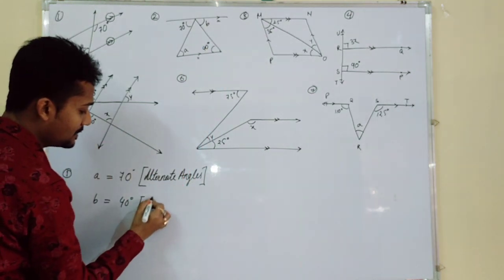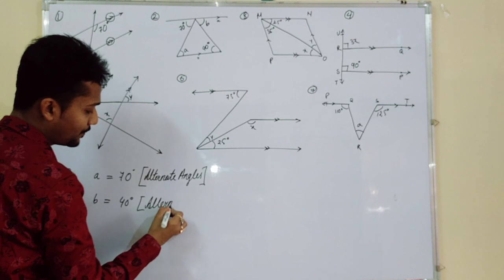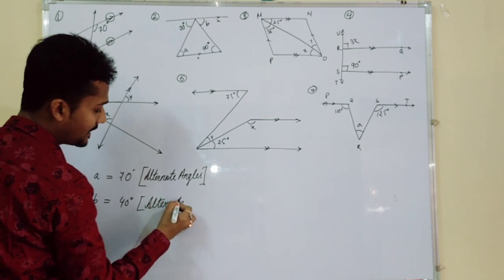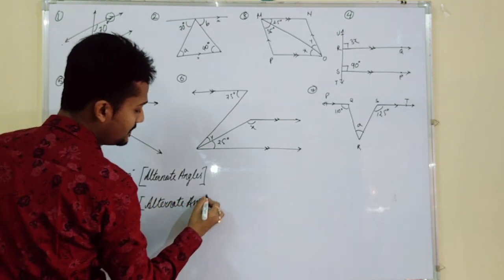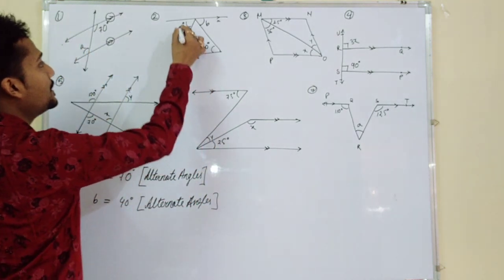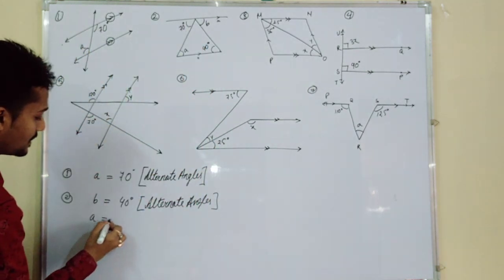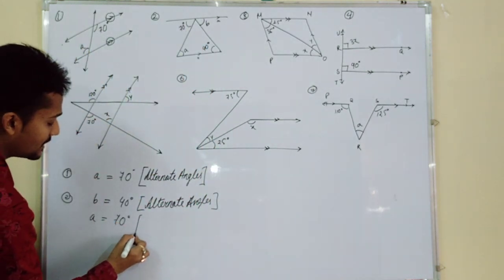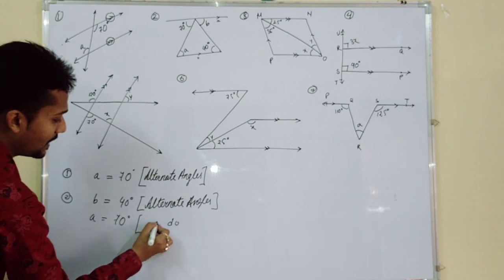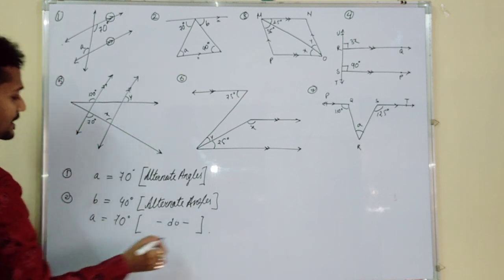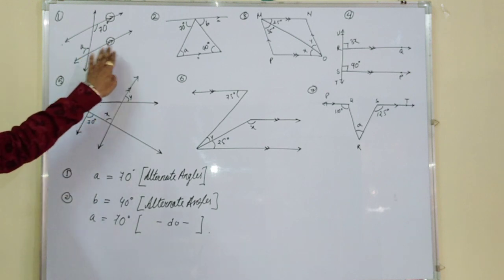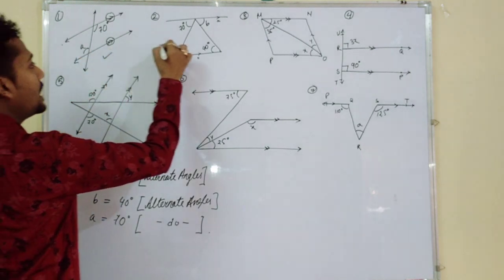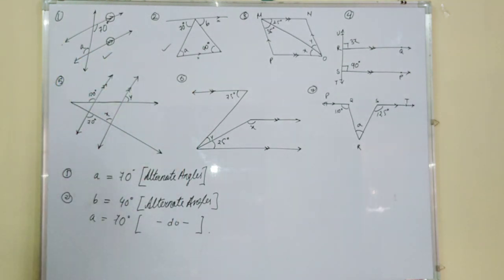Again, alternate angles. And A will be equal to 70 degree. Again, alternate angles. So same reasons I have put, so I can write ditto. I hope you have understood question number 1 and question number 2.